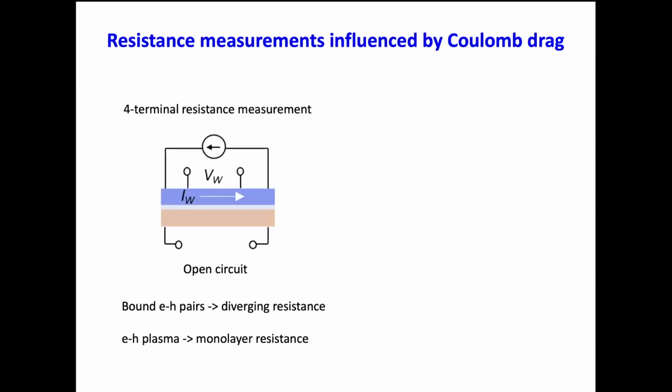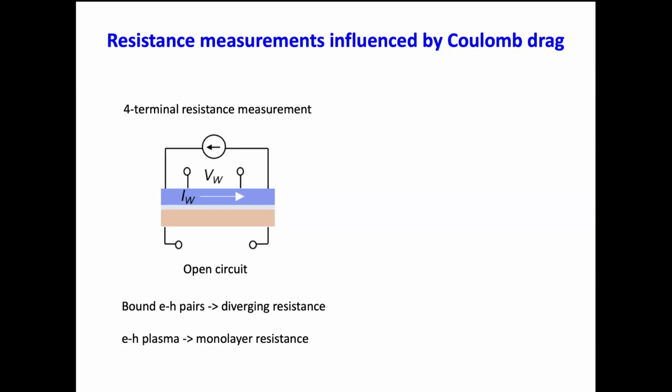Okay, finally, I just want to quickly talk about another measurement scheme that you can do in this kind of setting. Here, we put the electron layer in an open circuit. No electron is allowed to flow. And we just measure the 4-terminal resistance in the tungsten layer. Because of the Coulomb interaction between the electron and hole layers, the 4-terminal resistance in one of the layers tells you a lot about the interlayer Coulomb interaction.